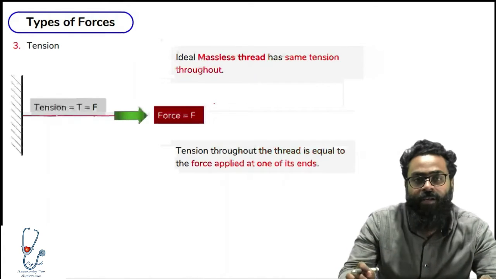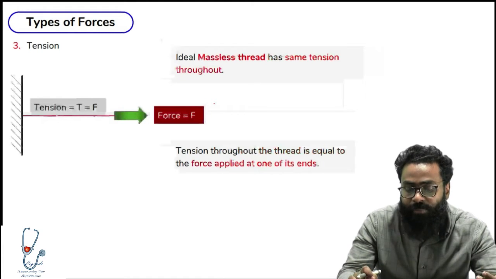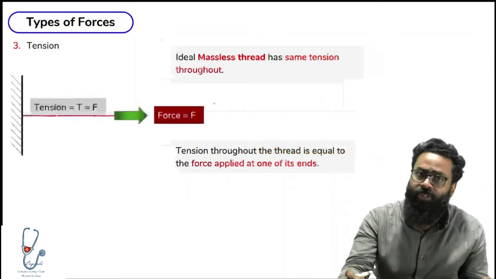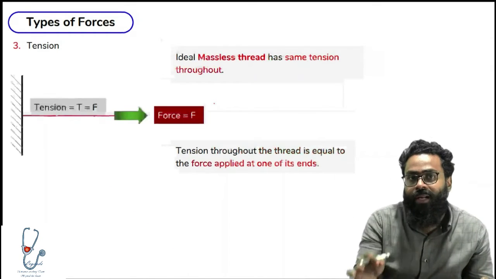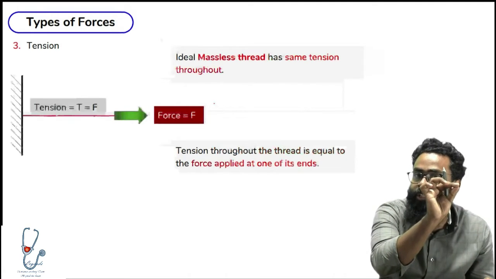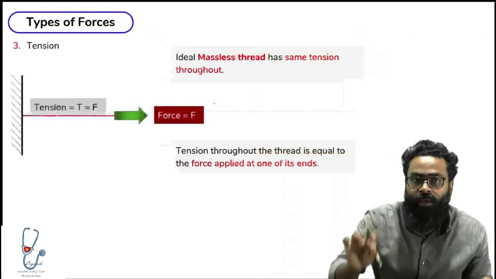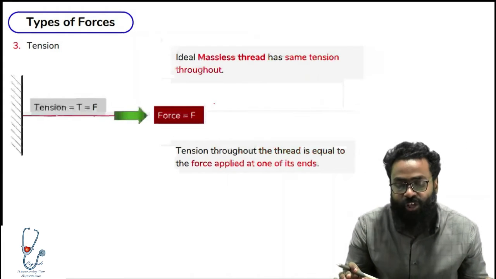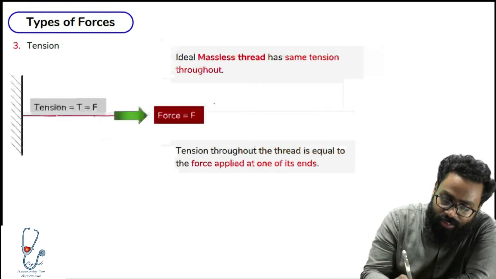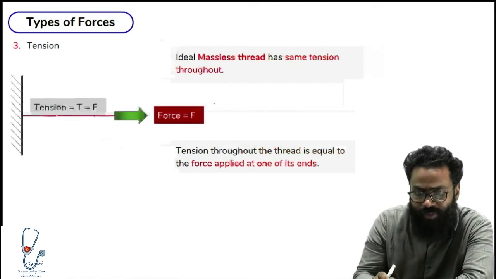An ideal massless thread has the same tension throughout, which means that a thin thread or a thin string has the same tension throughout. Clear that? It's a thin thread, so the tension is the same throughout.